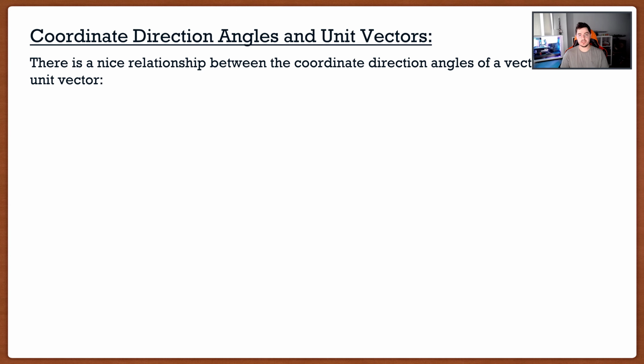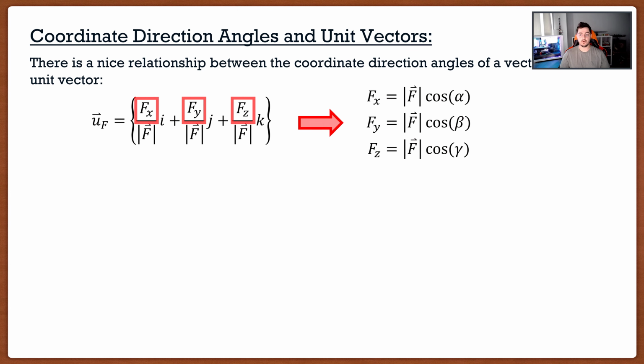Coordinate direction angles form a very special relationship with unit vectors. If we look at our unit vector formula, it's very simple. We just take each component and divide it by the magnitude of our force. Now, you're saying, Clayton, components, we actually know what those are from the coordinate direction angles.